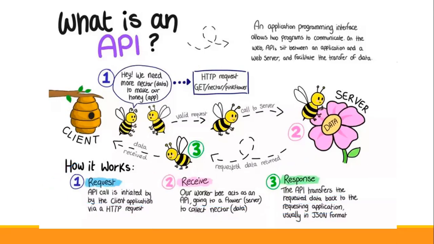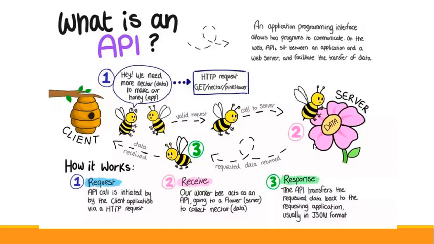So basically, we need to initiate the API request, then it gets received, it travels to the server, which will respond in the form of whatever requested data or services you want. So this is the way an API normally works.